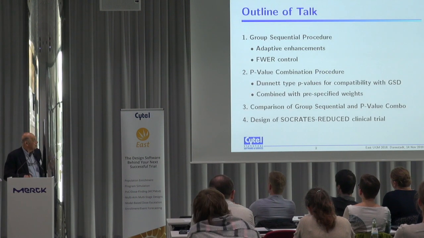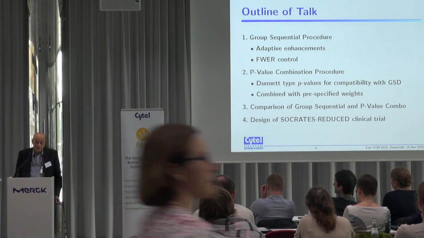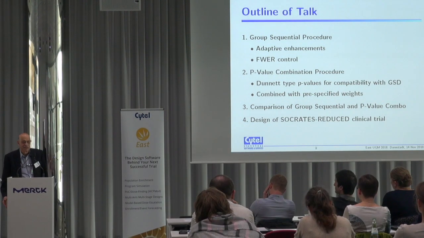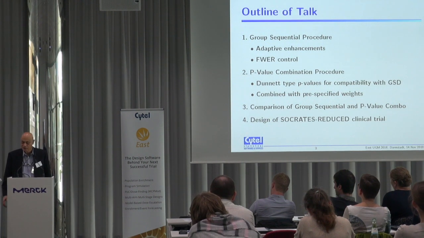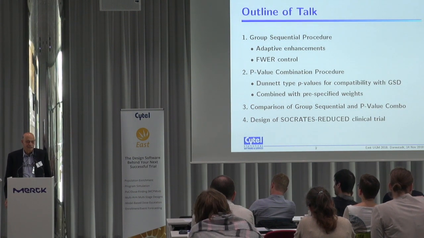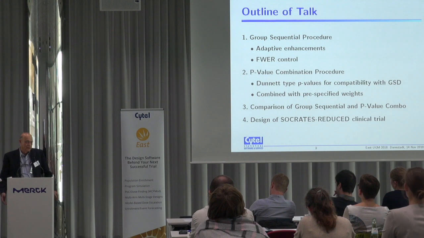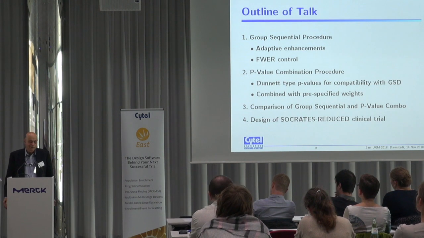So I'm going to first introduce the group sequential procedure, and here we are talking about adaptive enhancements, which means essentially sample size re-estimation and dose selection, and then the FWER, the family-wise error rate control for these. I'll quickly talk about the p-value combination approach, which maybe you are more familiar with because that's been around for a long time.